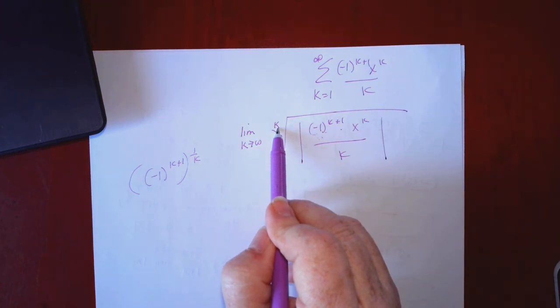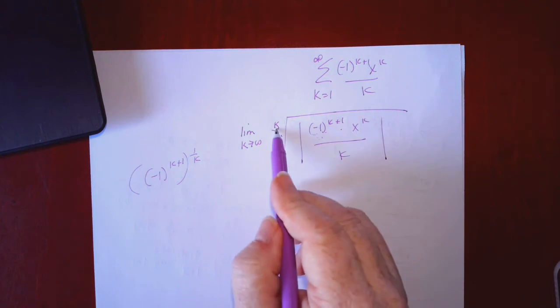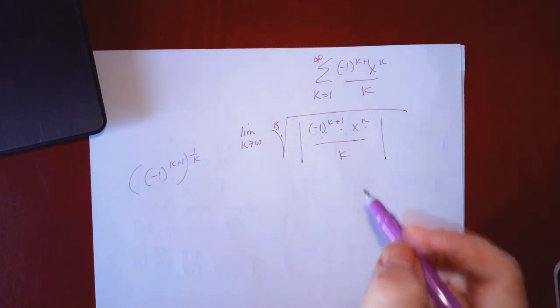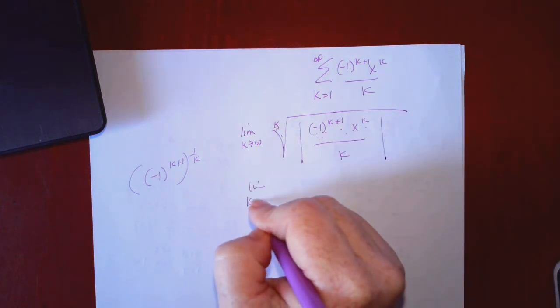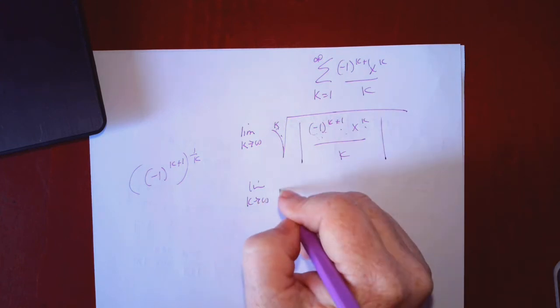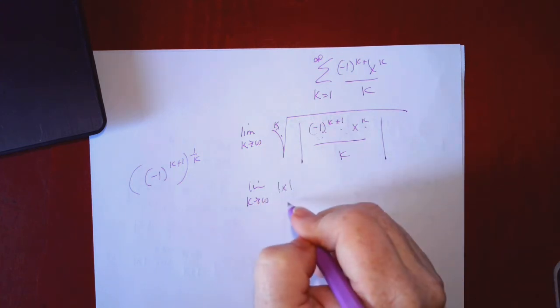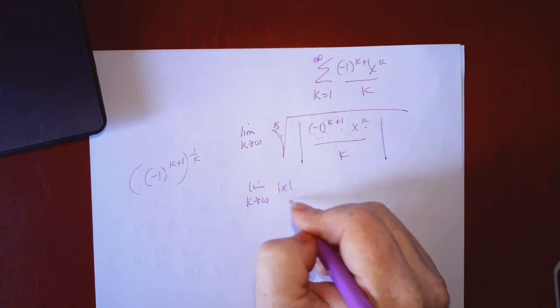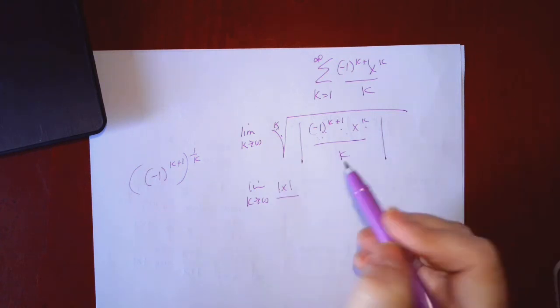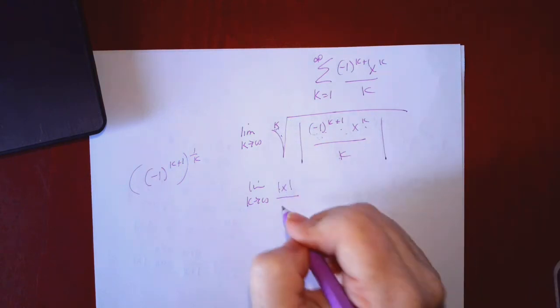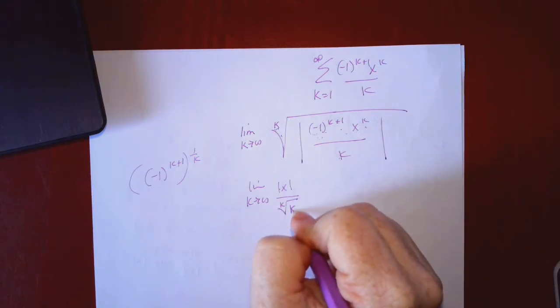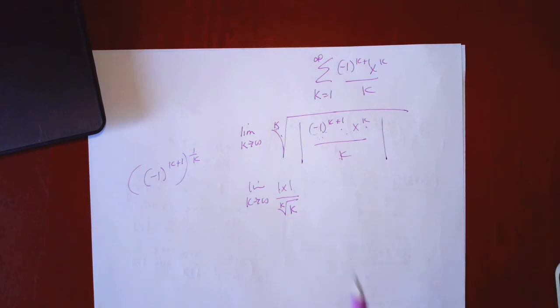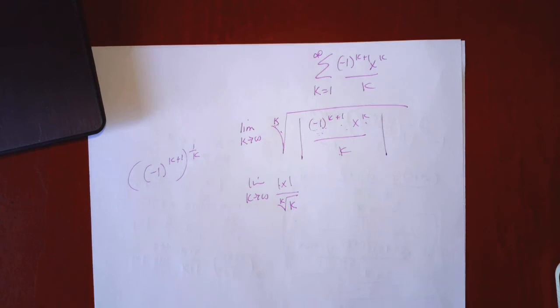And then we take the kth root of the absolute value of x to the k, and we'll get the limit as k approaches infinity of the absolute value of x over the kth root of k. Now notice I didn't put the absolute value around that k in the bottom simply because the k's are going to positive infinity, so they are positive.